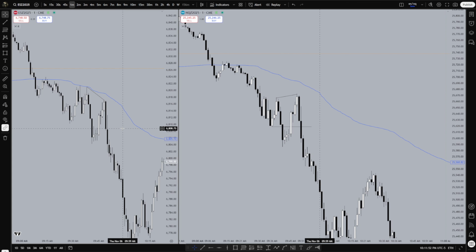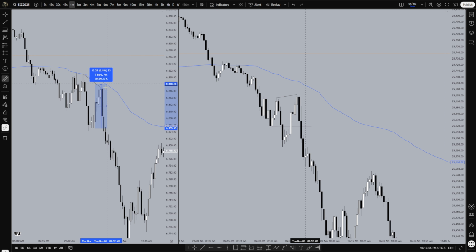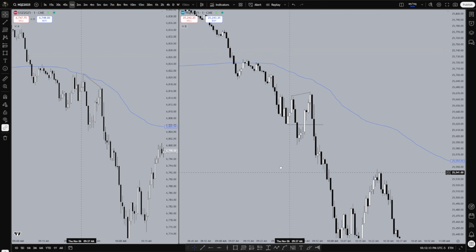So if you are going to take inverse fair value gap entries, right, first of all, know your bias on the day. And second of all, be monitoring what both assets are doing. Because if you're looking to take this and you clearly see and anticipate that ES is failing to trade higher and we're going to make this SMT here, you understand that price is going to deliver bearish, right?